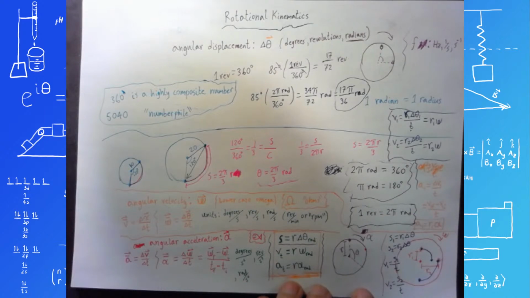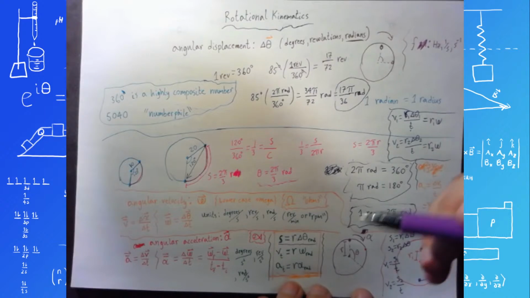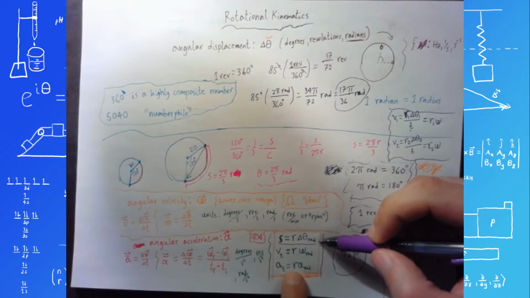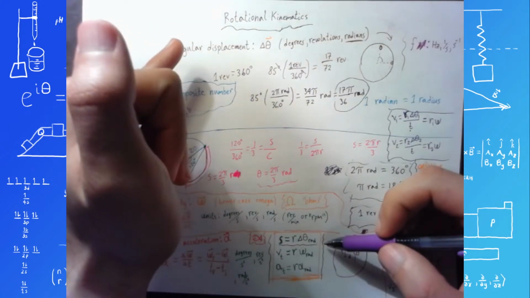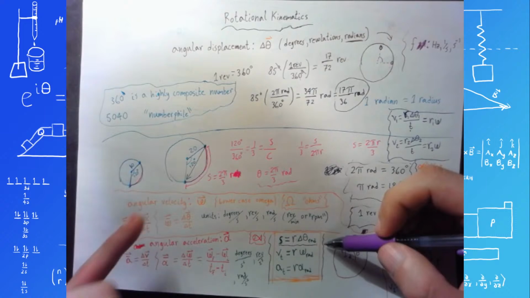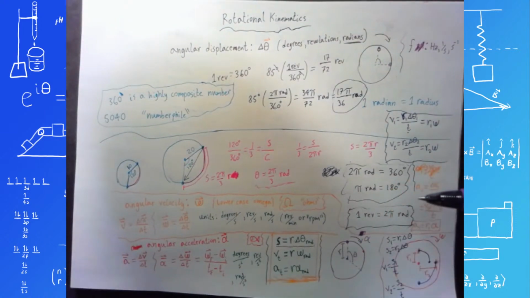Anyway, I want to go over what next. Well, now that we've established these three relationships and defined the concepts of angular displacement, angular velocity, and angular acceleration, let's talk about rotational kinematics. Or rather, the equations of rotational kinematics, I should say. We've been talking about rotational kinematics this whole time.